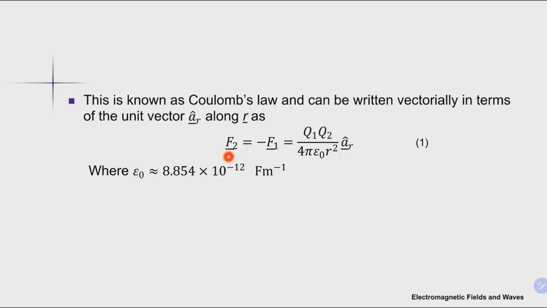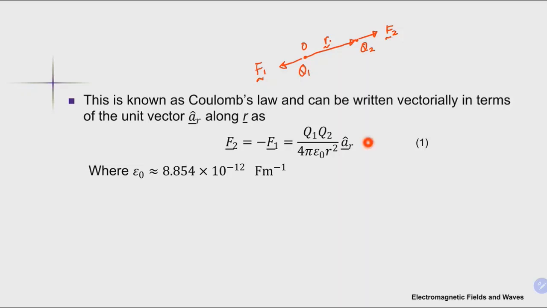So F2 will be in the same direction as my AR, but my F1 is in the opposite direction of my AR, my unit vector R. So remember, we have Q1 at the origin. My vector R is pointing to my Q2, and we define our force F2 and then our force F1.